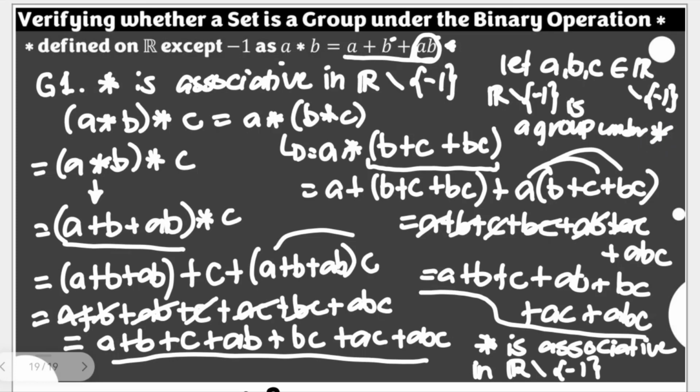Let me highlight that. We have now established that this set is a group under the given star defined as A star B equals A plus B plus AB. Thank you very much for watching.